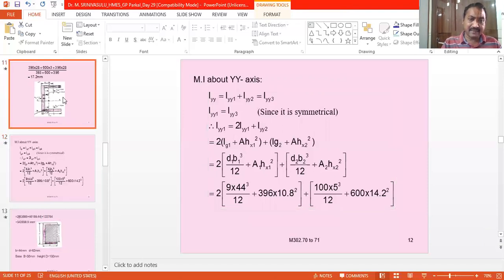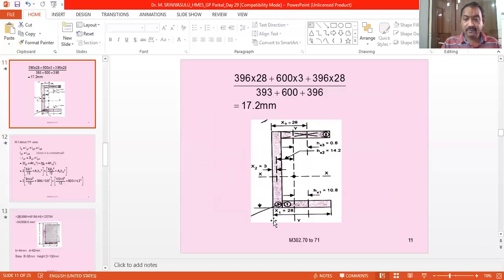Now coming to this picture. Here x1 is equal to 44 plus 6 plus 22, that is 28. Similarly, x3 is also equal to 28. And x2 is, from this point, only 6 by 2, that is 3. So x1 equals 28 and x2 equals 3. And we have x bar equal to 17.2.